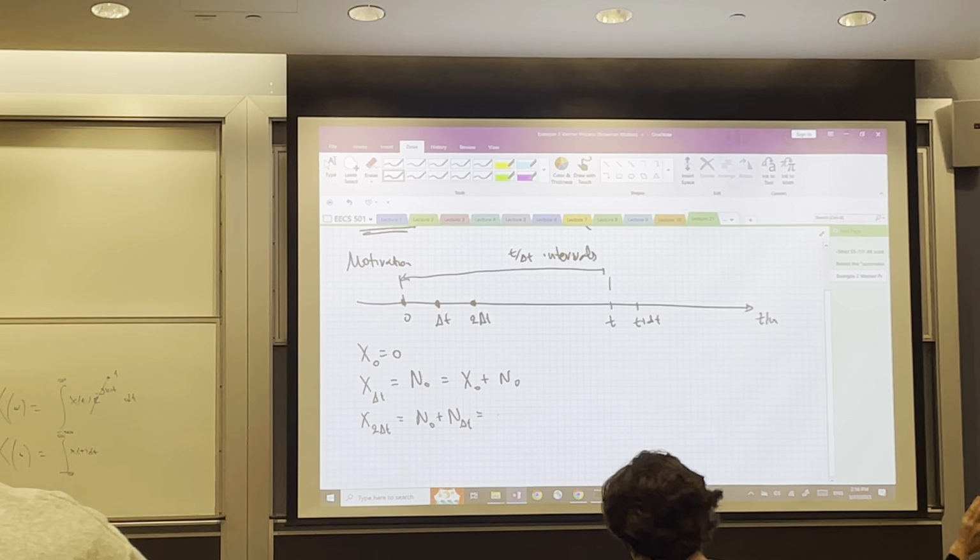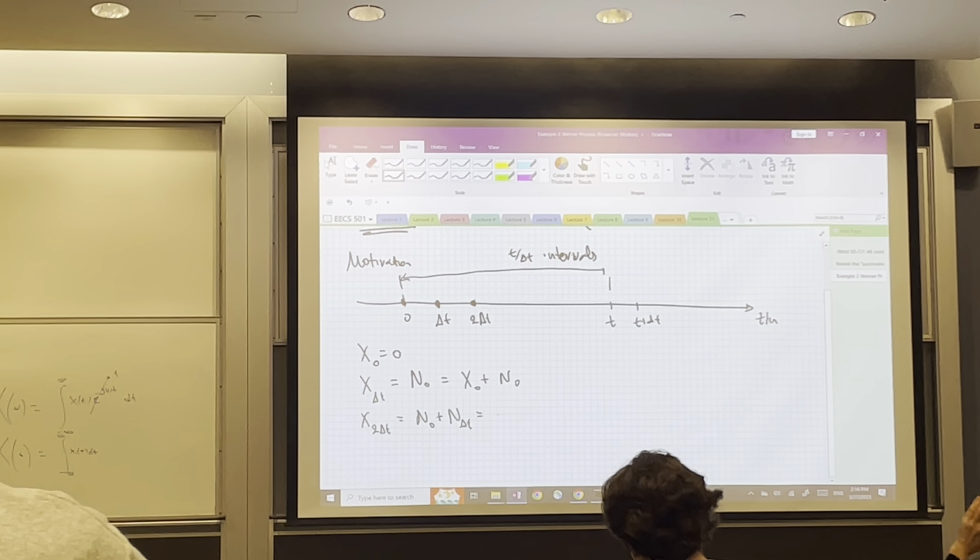So I will use that to write this as the mean of xs, which I leave as is, but I write xt as the sum of xs plus a summation of ni's, i going from s over delta t plus 1 to t over delta t. Okay?